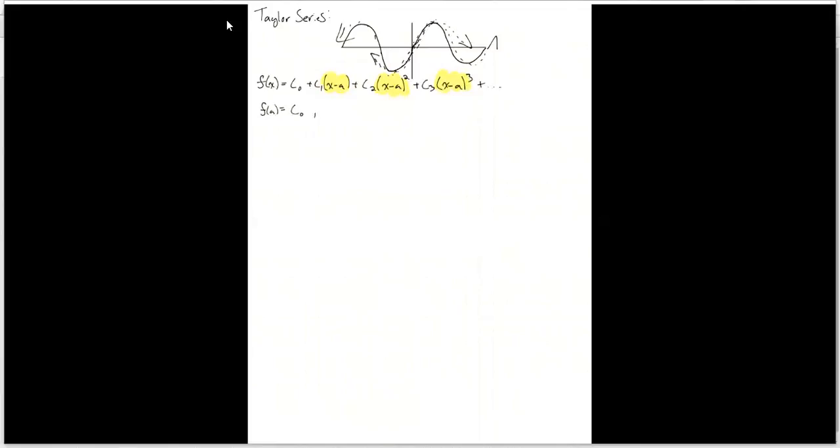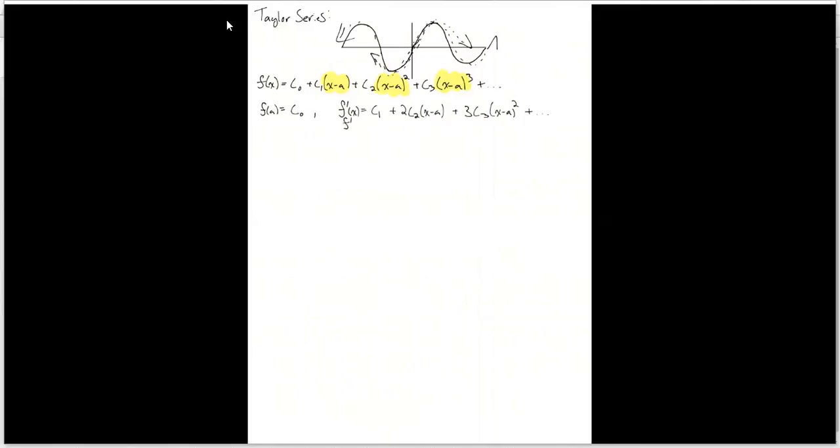Well, if I took a derivative here, so f prime of x, I would get c1 plus 2c2 times x minus a, and then plus 3c3 times x minus a squared, and so on.